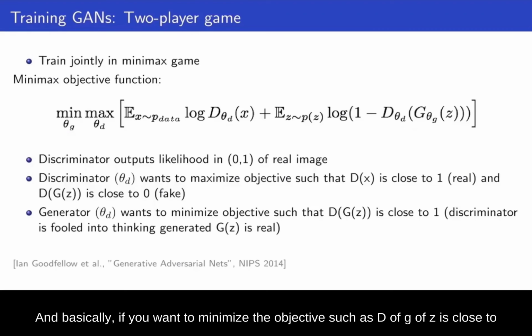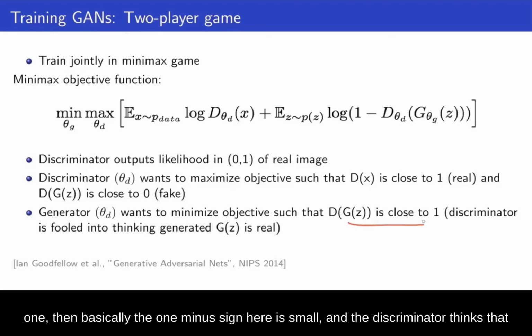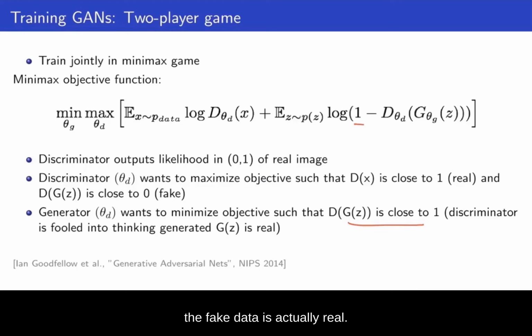And if we want to minimize the objective such that D of G of z is close to 1, then basically the 1 minus D of G of z term here is small, and the discriminator thinks that the fake data is actually real. In other words, the generator is producing real looking samples.